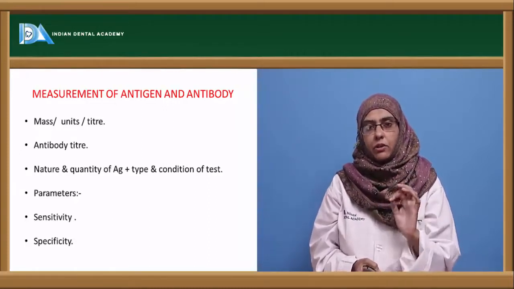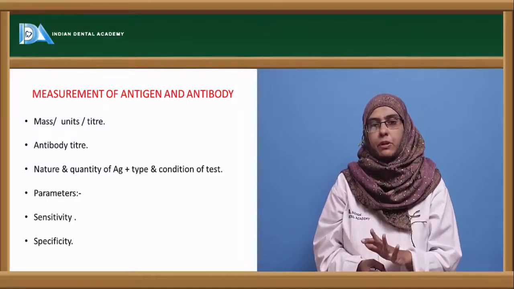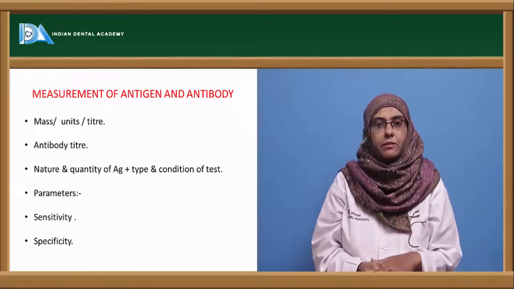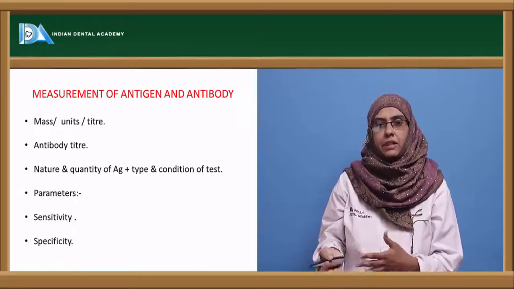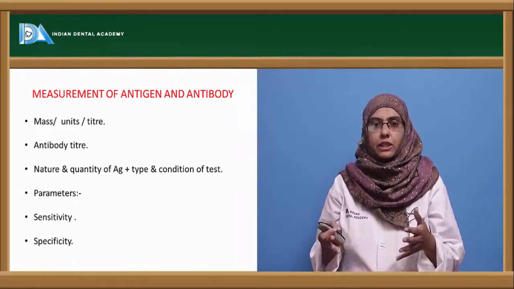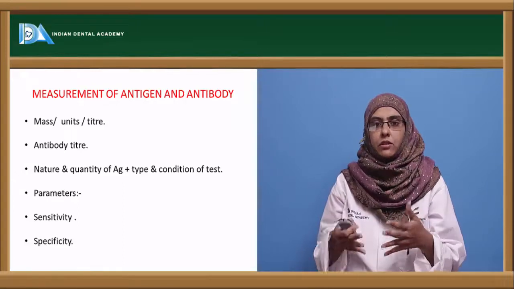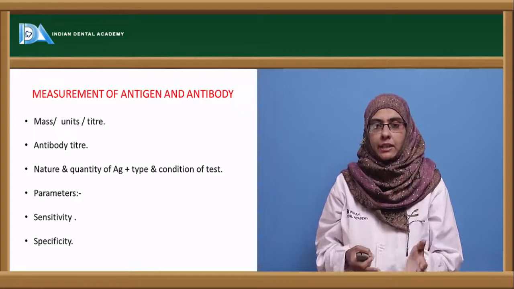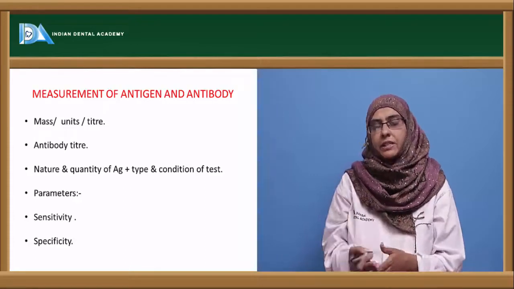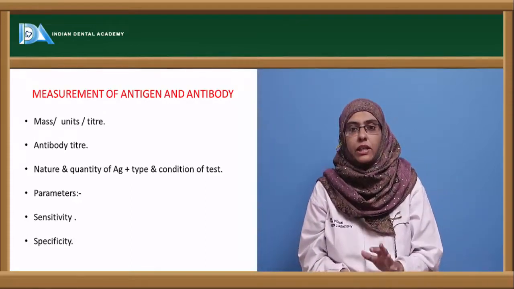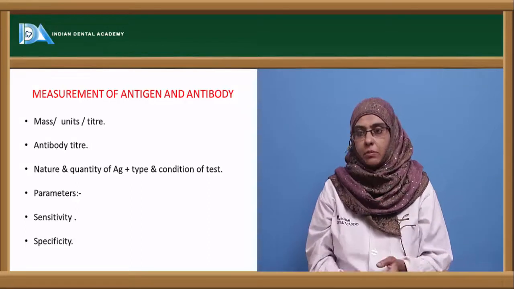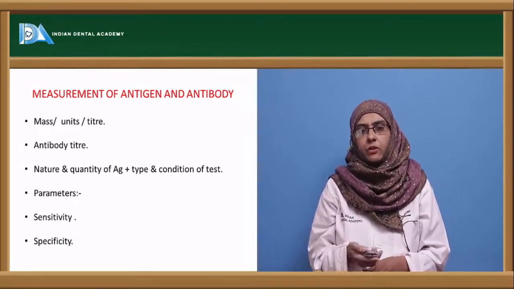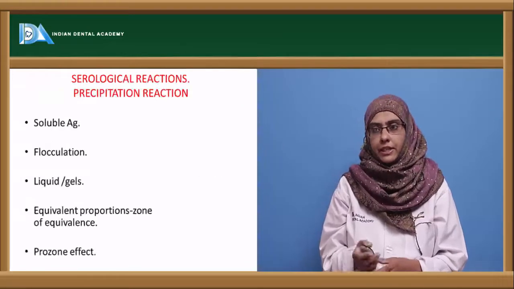Even a minute picogram of the antigen or antibody can be detected with the sensitivity test, whereas the specificity determines the specific interaction between the antigen and antibody. So in the specificity test you identify the complex together, antigen and antibody, whereas in the sensitivity test you are identifying only the antigen or the antibody. These are the two parameters that are usually considered when we are going with antigen-antibody interactions.